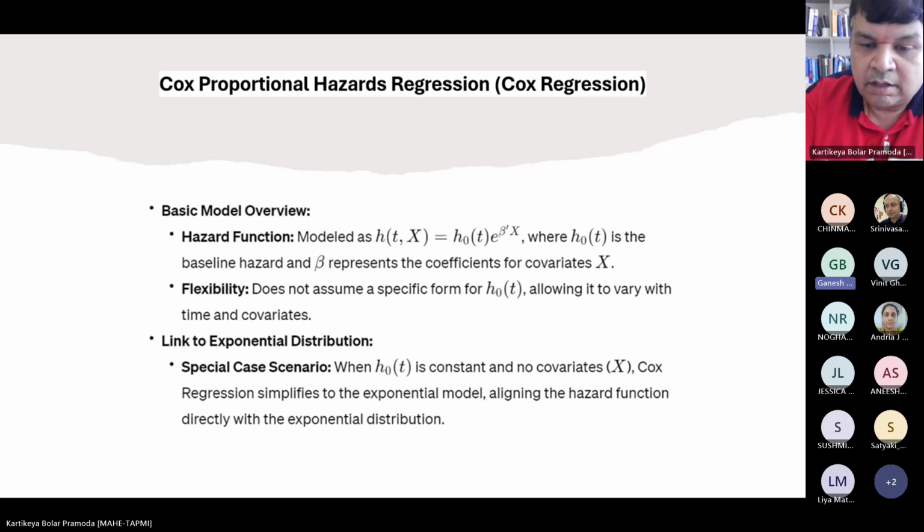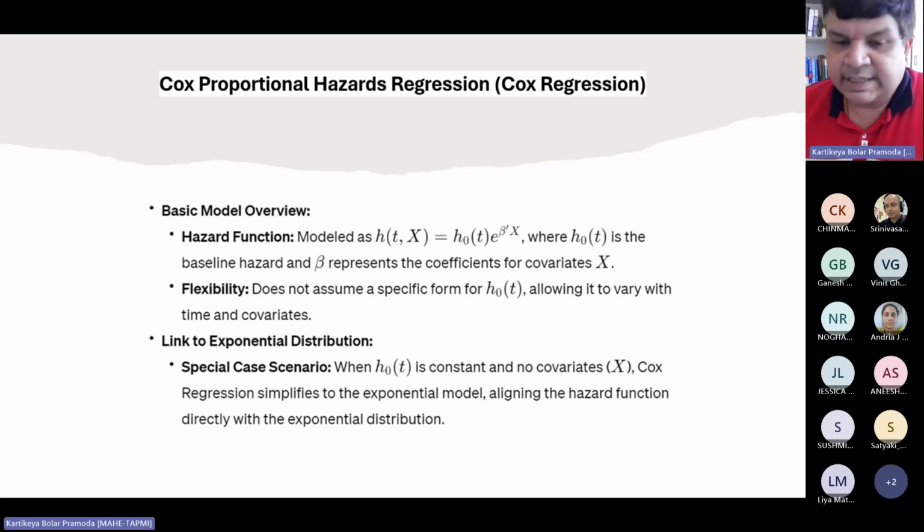Can I ask a question here? Yes, please. If I understand it right, you are looking at an exponential distribution where the average varies with some x. Is that understanding right? Yes, exactly.